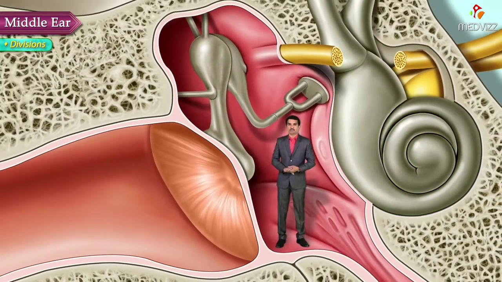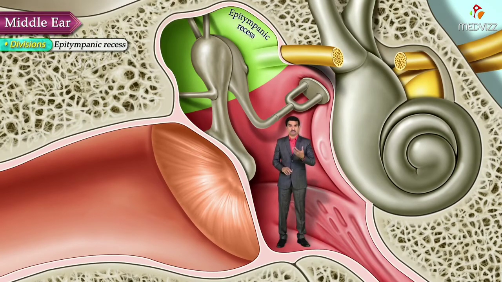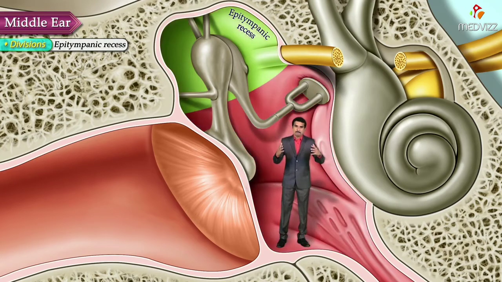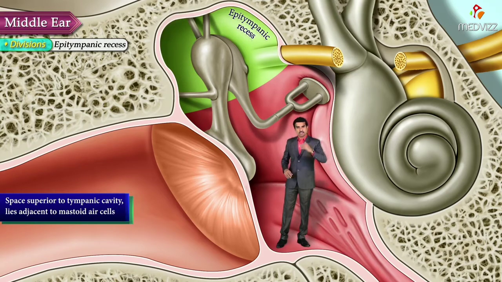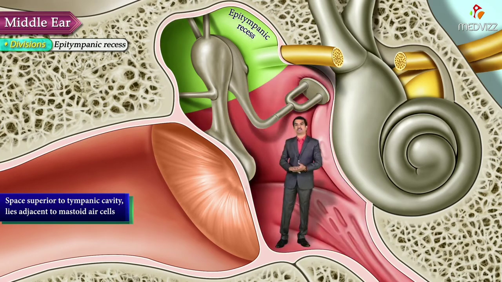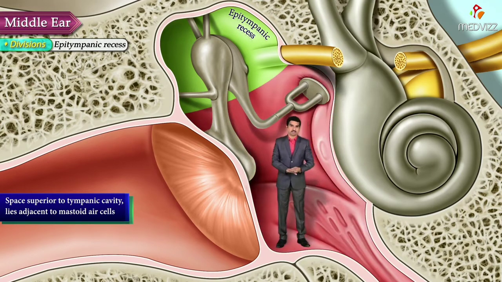Now let us talk about the epitympanic recess, which is the other division of the middle ear cavity, right? One is the tympanum and the second one is the epitympanic recess. This epitympanic recess is a space located superior to the tympanic cavity and lies adjacent to the mastoid air cells.